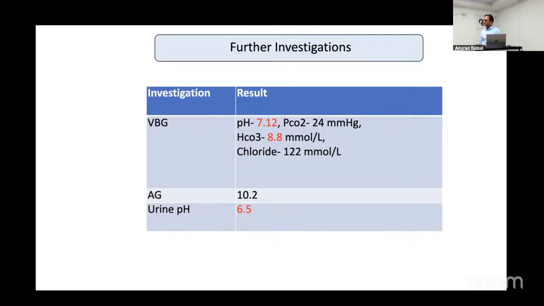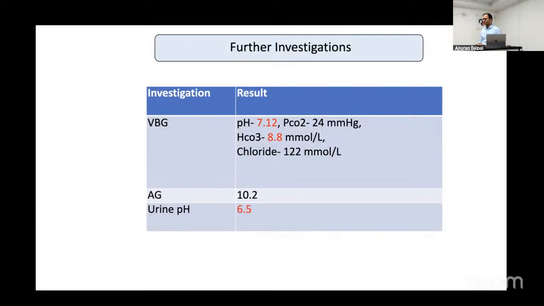This should not happen in proximal RTA, because it is self-limiting, usually around 15 to 20. Classically it goes more in favor of a distal RTA, again, and your urinary pH.